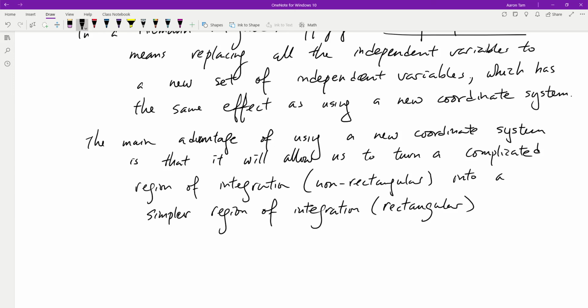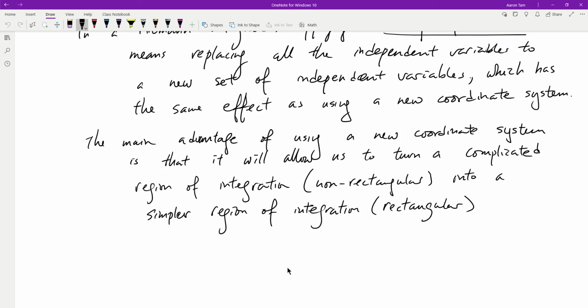So one of the most common concepts that you probably already think about is, if we want to integrate something circular, a rectangular coordinate system would not work, because a rectangular coordinate system is made of straight lines, but a circular region is formed by curves. So it becomes something that we won't be able to do easily.